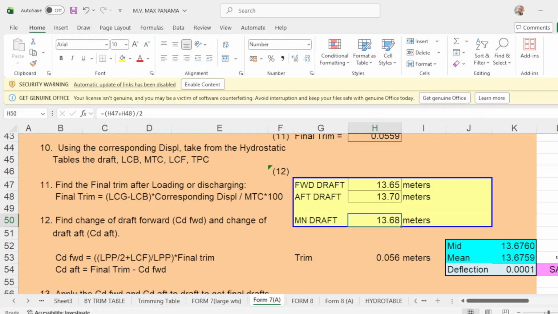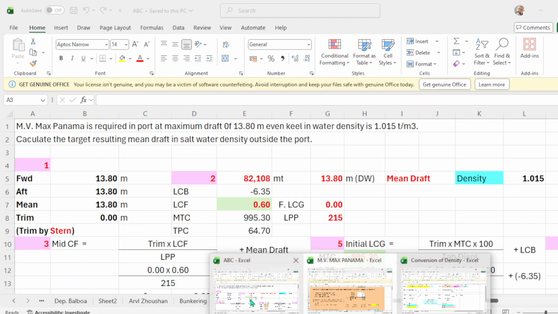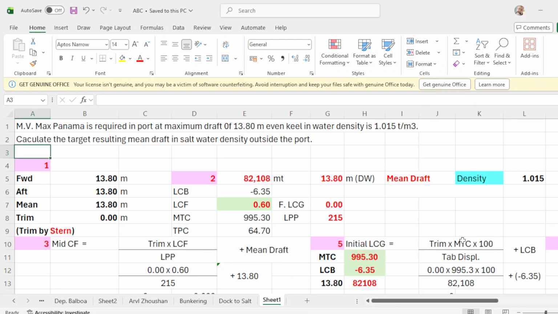But anyway, this program is solved by this manual operation. This is the manual operation.